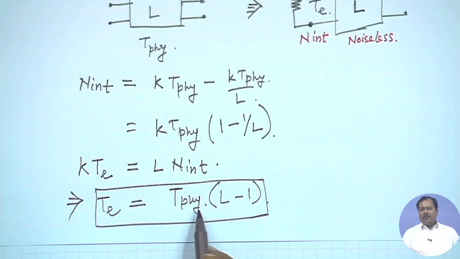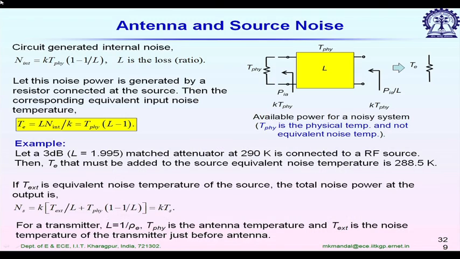If the physical temperature is given, let us say 300 Kelvin, and if I know the loss value, then we can calculate the effective noise temperature Te. Let us take one example. Let us say we have a 3 dB attenuator. It is a matched attenuator at 290 Kelvin, and it is connected to an RF source. Then the Te that must be added to the source equivalent noise temperature is 288.5.